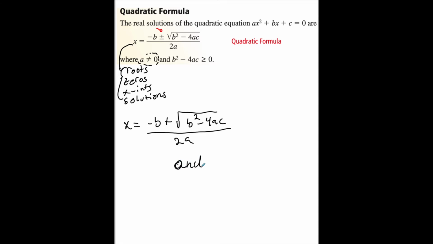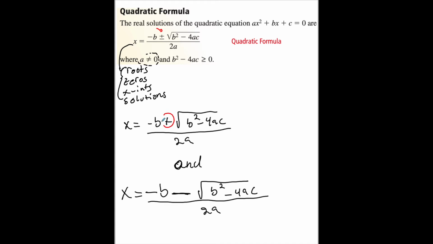And you have x is equal to negative b minus the square root of b squared minus 4ac, all divided by 2a. So that is the distinction between the plus or minus. You have one equation that has a plus and another equation that has a minus.